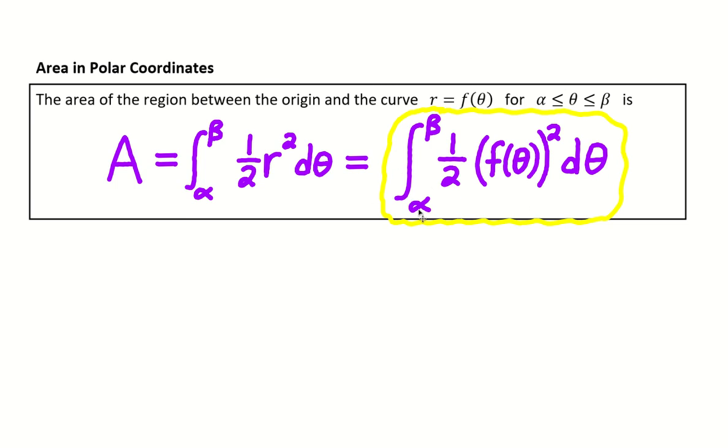We're going to integrate from wherever to wherever, alpha to beta, whatever theta values make sense.